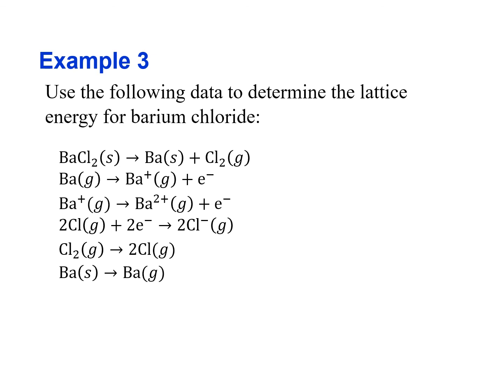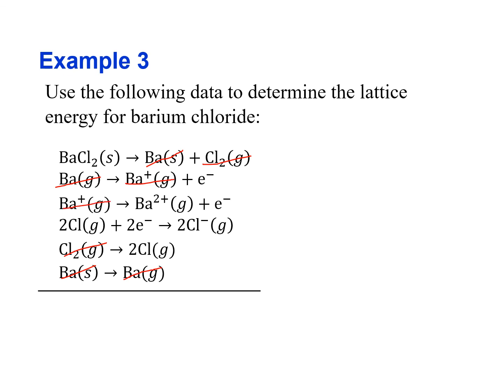I believe if we add these up at this point, and we can check it by canceling some things out, we should get what we want. So BaCl2, that's fine. Ba solid cancels out with this bottom one here. Cl2 gas cancels out with this Cl2 gas here. Barium in the gaseous state cancels out down here. Ba plus, Ba plus.